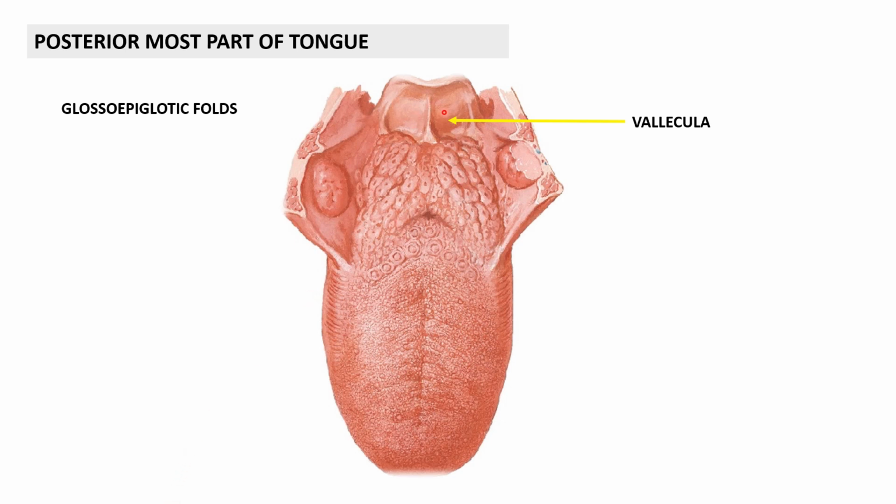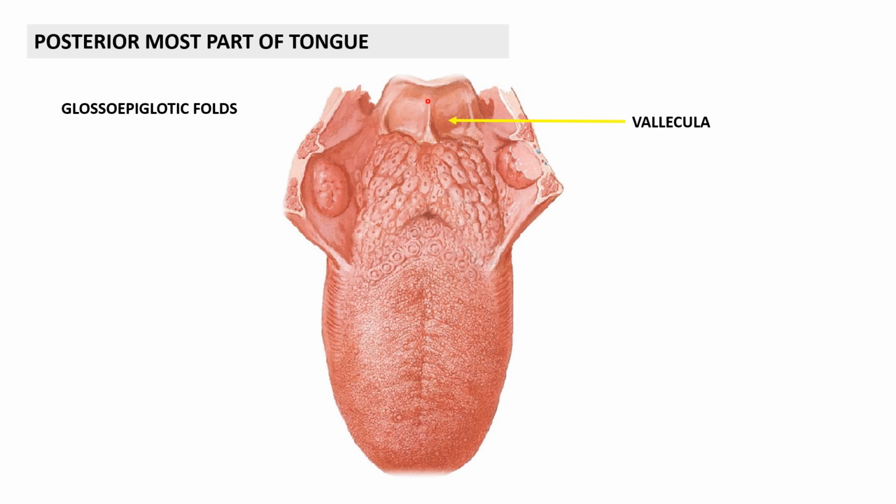Next is the posteriormost part of the tongue. It shows the ventral surface of the tip of the epiglottis, where we can appreciate three mucosal folds. These three mucosal folds are called glossoepiglottic folds because they connect the tongue and epiglottis, from tongue to epiglottis.